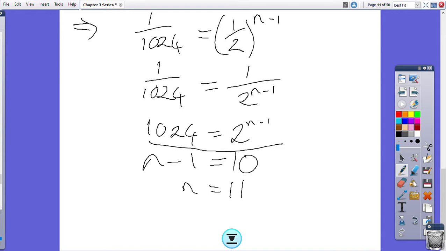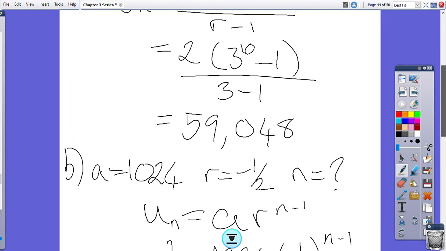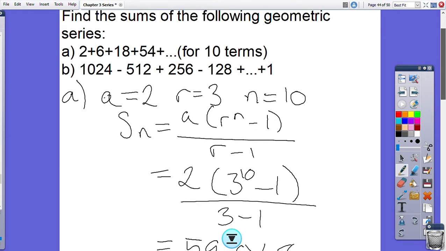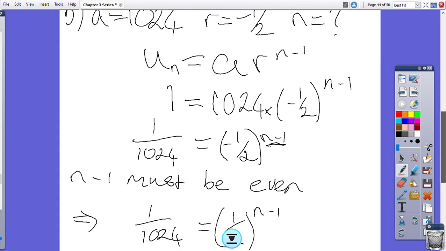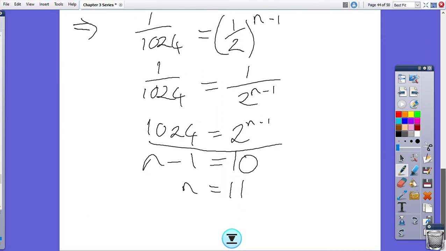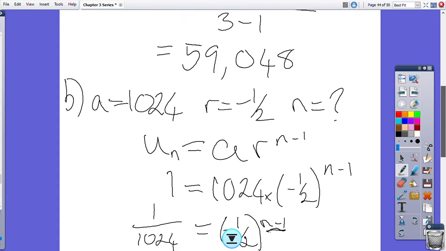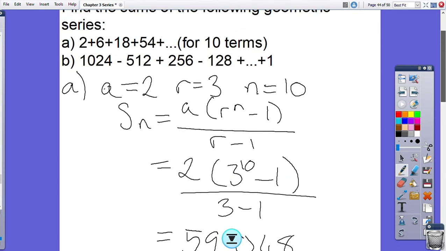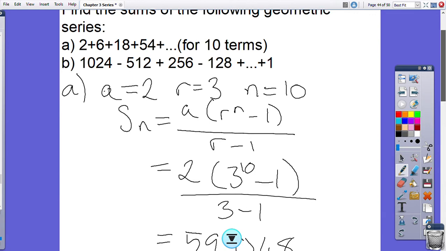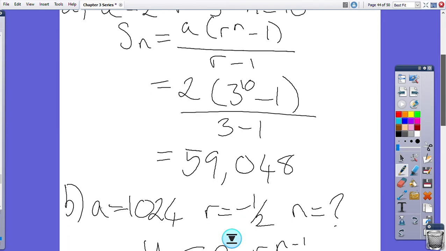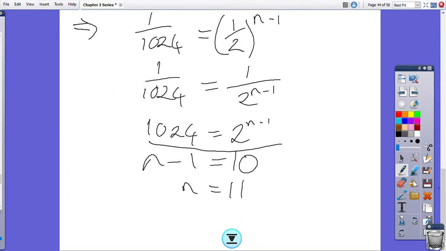Now, you'd think we'd finish there, but we haven't. If you remember, the question all the way back here was find the sum of the following geometric series. Right, okay, so we've found out that there's 11 terms. Just spotted something when I looked at the question and just thought, well, if you knew that 1 was going to be the last term and you knew that it was 2 to the 11, I could have spotted that straight away, but you know, hey ho.